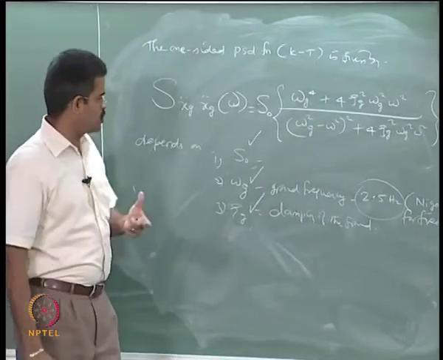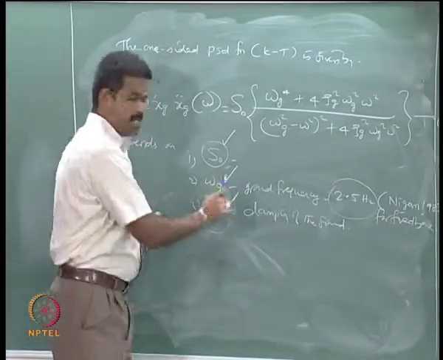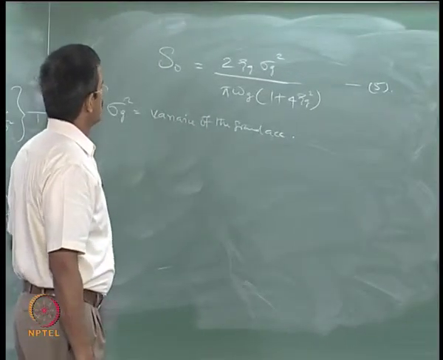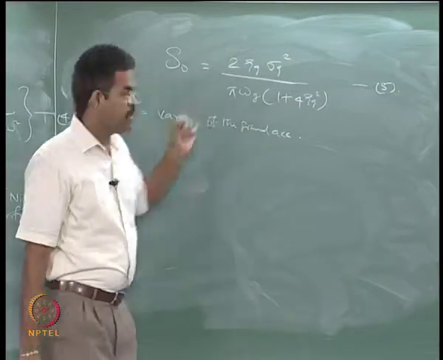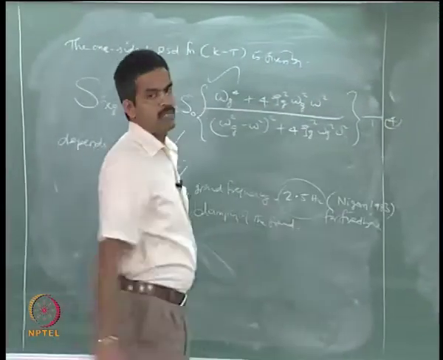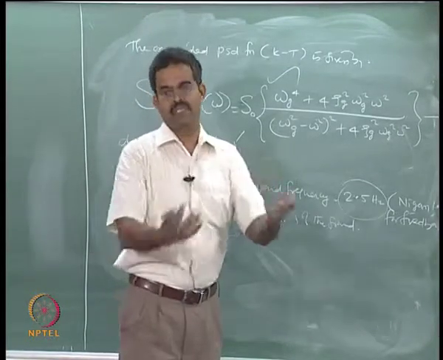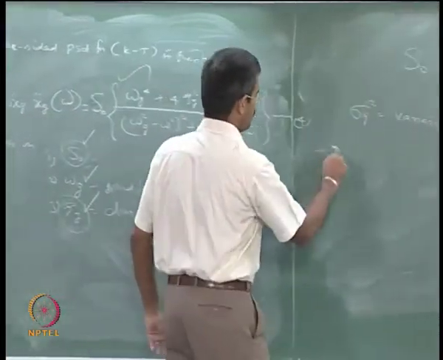So, you must choose S naught and zeta g in such a way that the generated spectrum should simulate a time history which is recorded at a specific site. So, it is an iterative scheme.